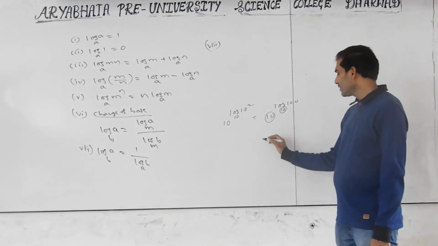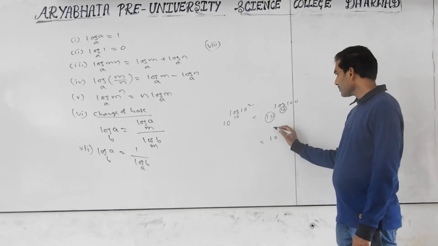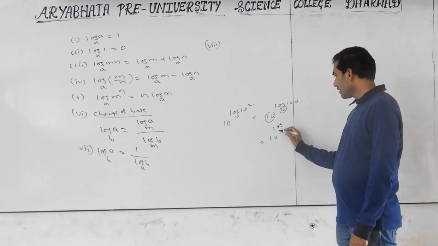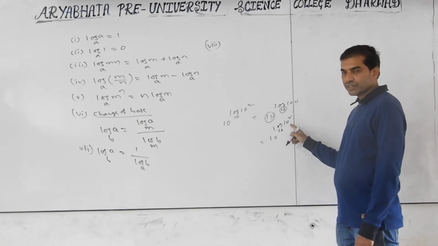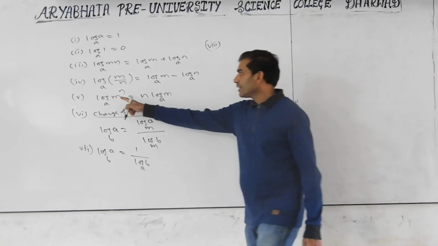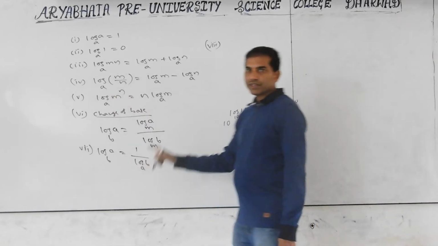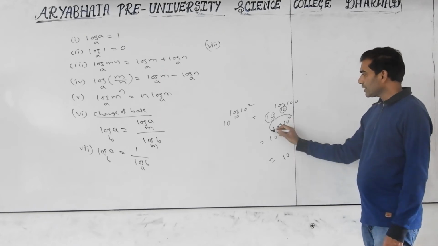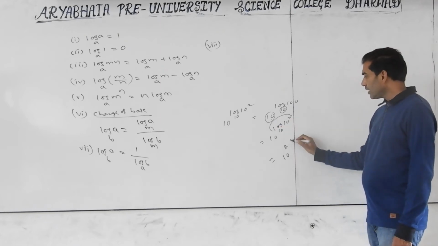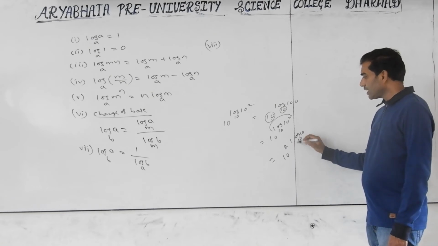How? See, 10 power log of 100. 100 means 10 squared. By the property log of m power n, n comes in front: 10 power n comes here, 2 comes here. 2 log 10 base 10.